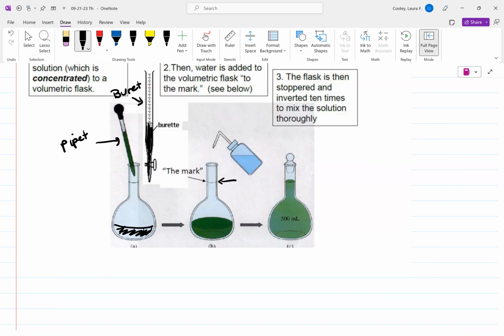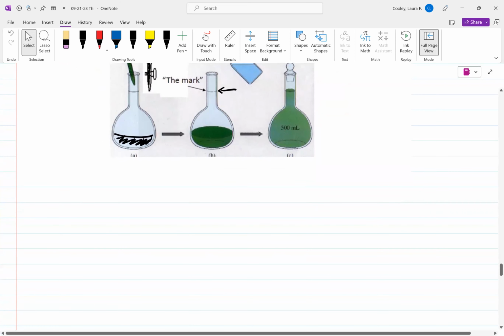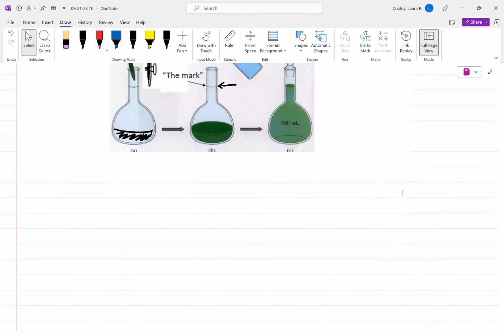So don't let go of that stopper, okay? You'll be doing that, I believe, not next week. Next week, you're going to do the density lab, which gives you some lab experience with measurements. The following week, you're going to do the mouthwash lab where you will make dilutions of a stock solution.